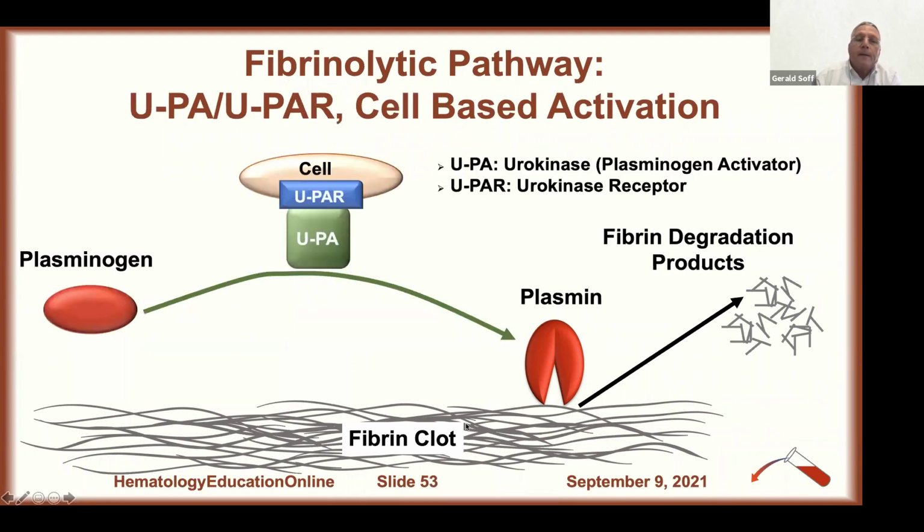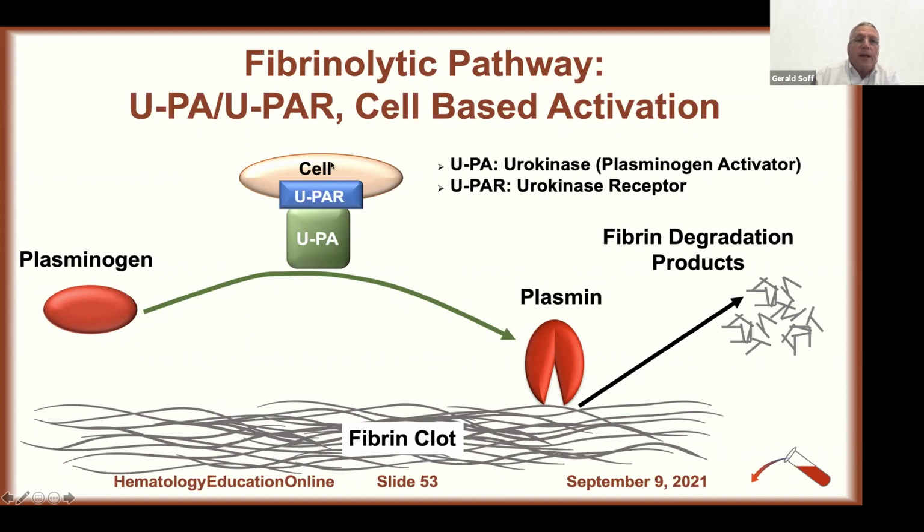There's an alternative way of activating plasmin, though. So here's showing a cell-based mechanism, plasminogen shown here, and then a range of cells, such as prostate cells and some other cells, uterine cells, will have uPAR on the surface, the urokinase plasminogen activator receptor. And uPAR will bind urokinase, or uPA, and activate it.